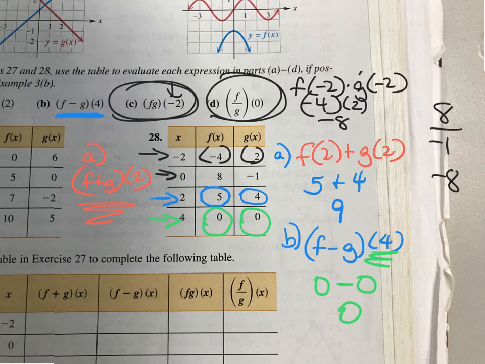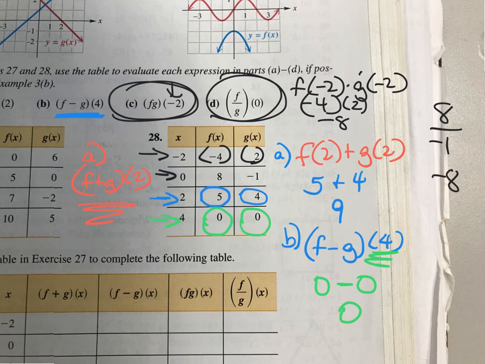Yes? Because this wasn't composition. You do that when you get the answer of one and then you plug it into the other. That you'll have to do in the homework too. Let's say it was a composition and they said plug in f of 2 and you got 5, then you would go to the 5 row. But it wouldn't work for this one.